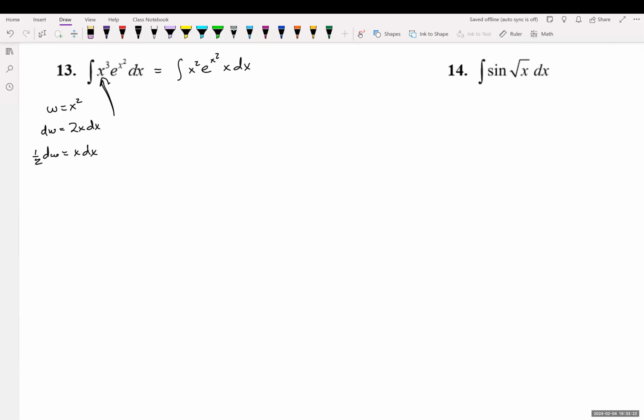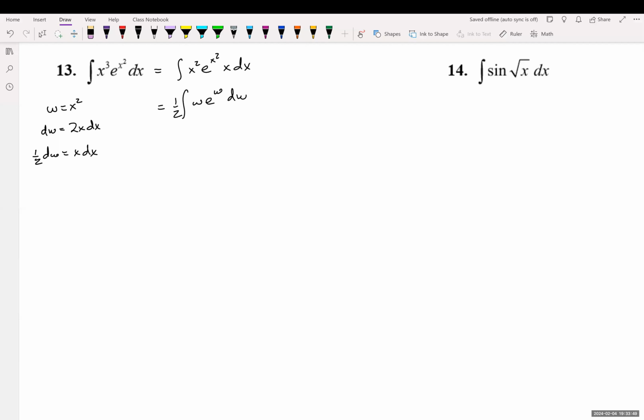That's all I did, and kind of rearranged it in a weird way. But it's not all that weird, because now we have that x squared is w, so I get to write e to the w power, and then x dx, which is here, becomes a half dw. So I'll put a half in front and a dw in back.